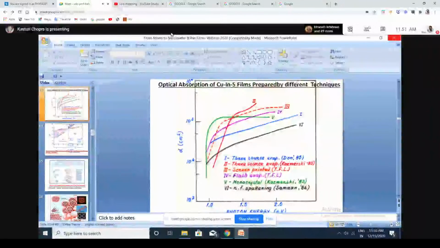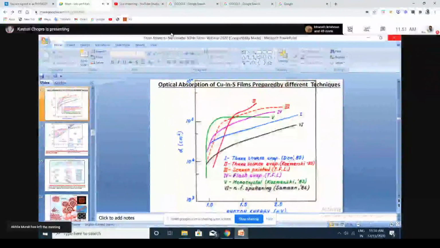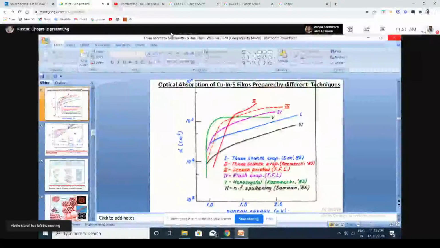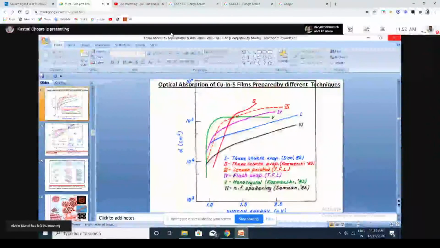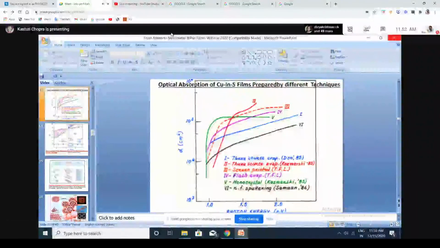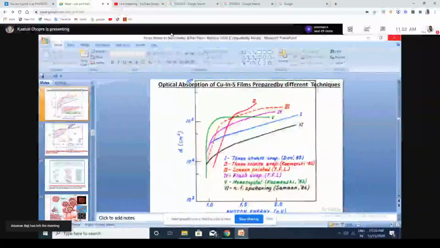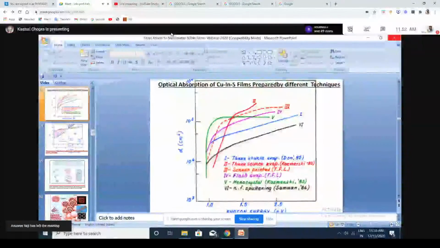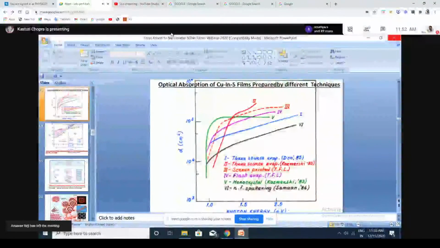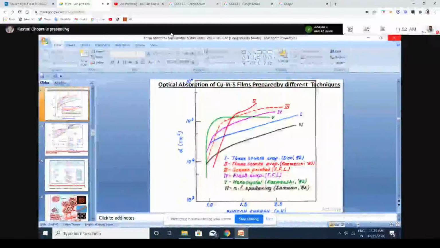The material that you produce varies in quality and optical properties drastically. This is to emphasize to the students what happens here. So you can say the band gap is changing, the whole absorption coefficient is changing. That depends very much on whether you are three-source or two-source material, or you are screen printing it, you are flash evaporating it, and so on and so on.